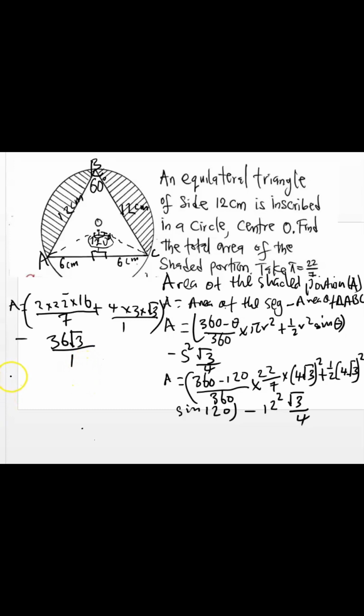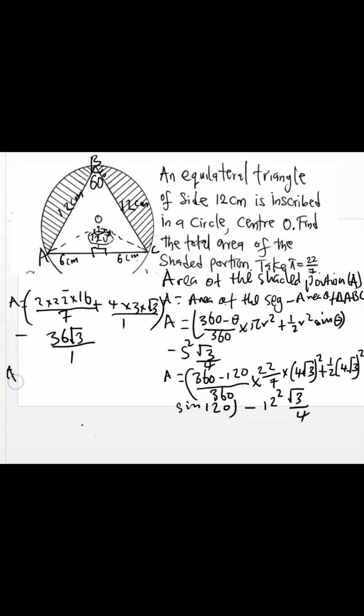So the area is going to be, when you simplify this, 22 times 2 multiplied by 16 over 7, this will give us 704, plus what we have here, 4 times 3 times root 3. This will give us 84 root 3.